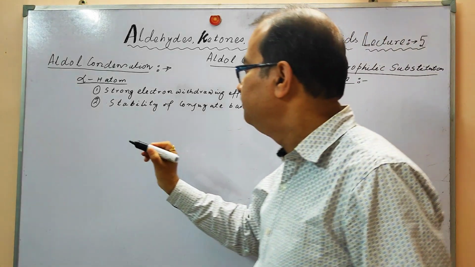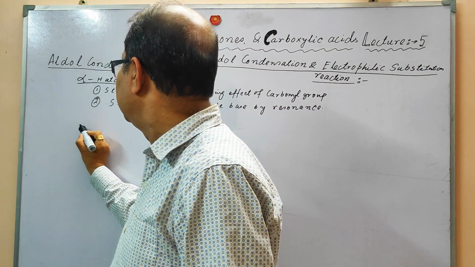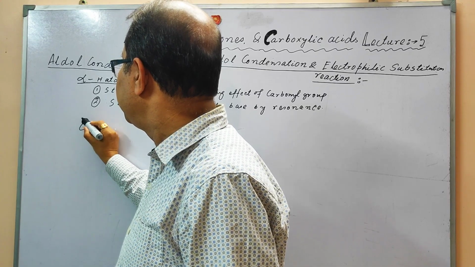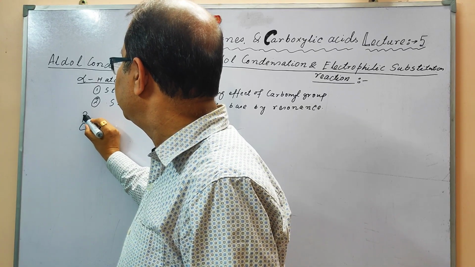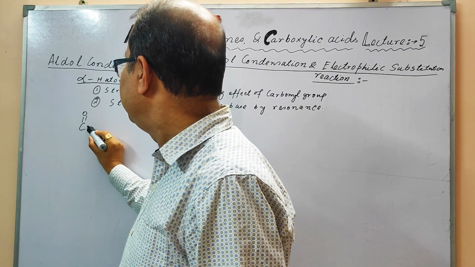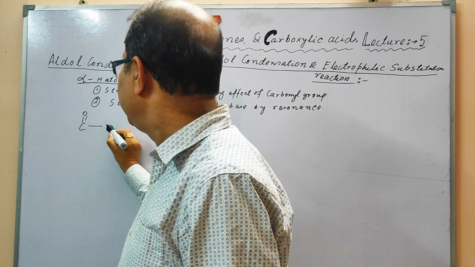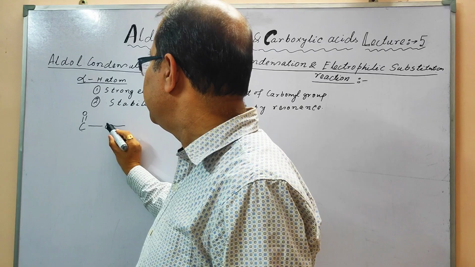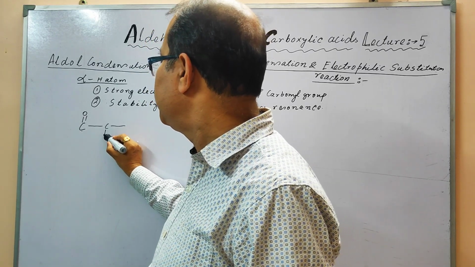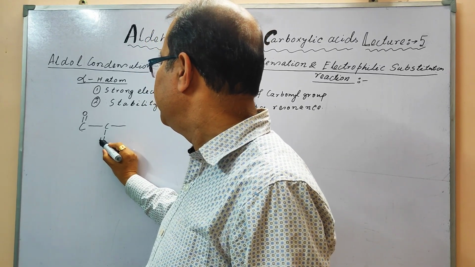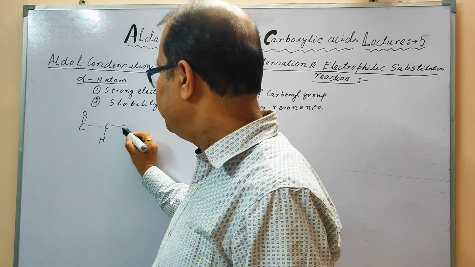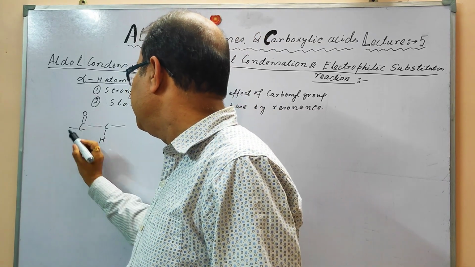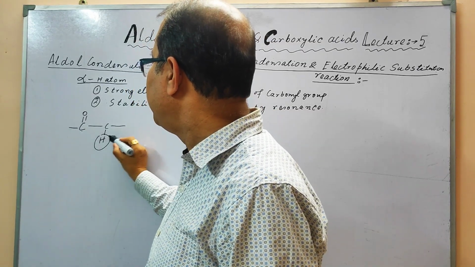First let us understand what the alpha hydrogen atom is. This is the carbonyl group, and a hydrogen atom is attached to the carbon next to it. This hydrogen atom is the alpha hydrogen.